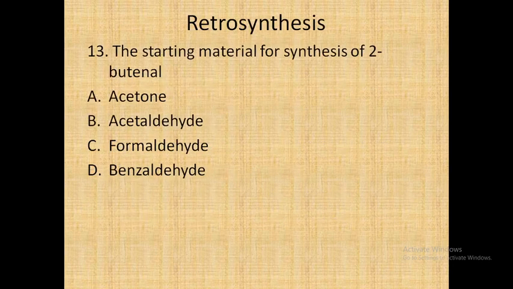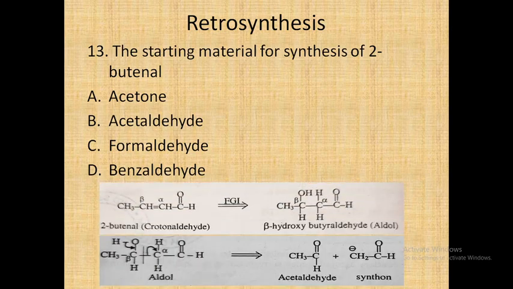Now the next question: the starting material for synthesis of 2-butenal. So it is again an alpha beta unsaturated carbonyl compound. See, this is the alpha beta unsaturated carbonyl compound. It is also known as crotonaldehyde. As a double bond is present there, we can do the FGI for that to an alcohol, so it will be converted into the aldol, beta hydroxy butyraldehyde.